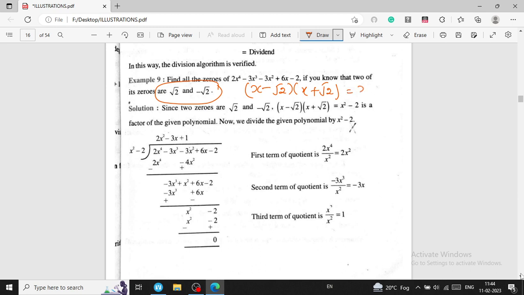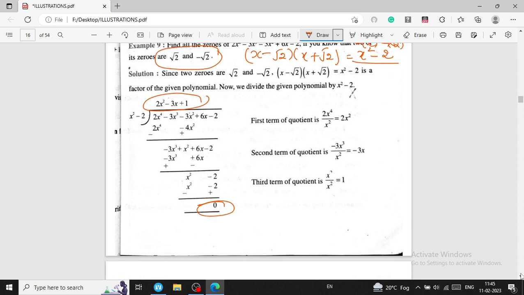When we multiply, we will find x square minus 2, because here you can use the formula a minus b times a plus b is equal to a square minus b square. Here a is x, b is root 2, and square and square root cancel, so we will find x square minus 2. This is your divisor. Now divide the dividend by the divisor. We will find the quotient and this is the remainder.